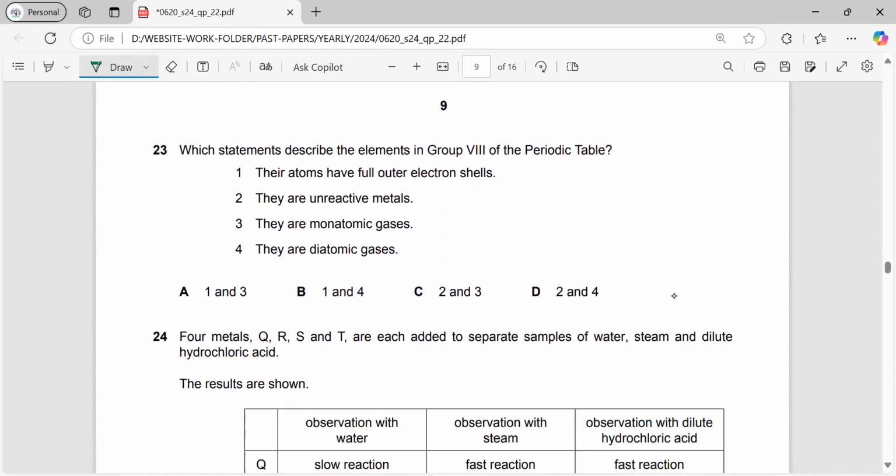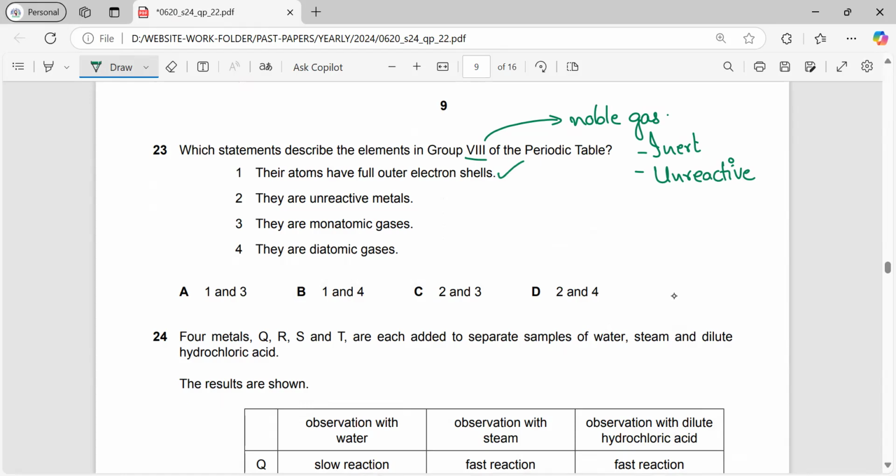In the next question, 23, which statements describe the elements in group 8 of the periodic table? Now, for group 8, we all know that group 8 are noble gases. They are inert, they don't react, they don't form compounds. Statement 1 is: their atoms have full outer electrons.